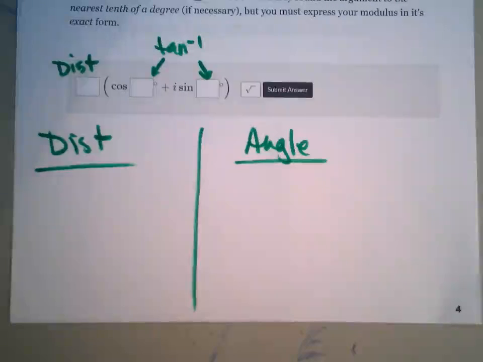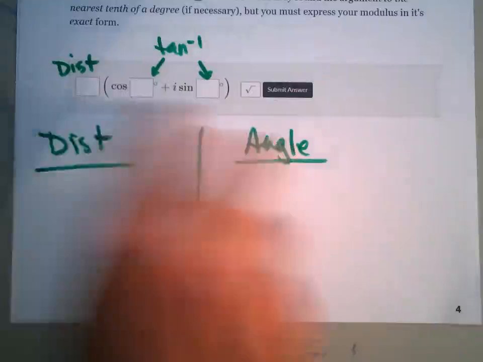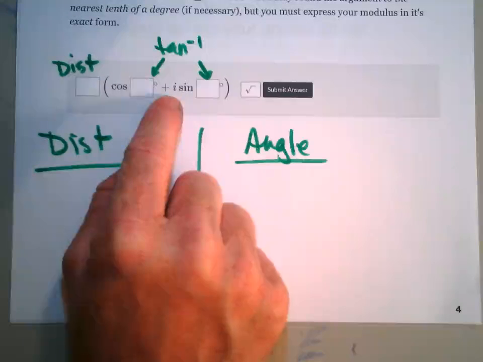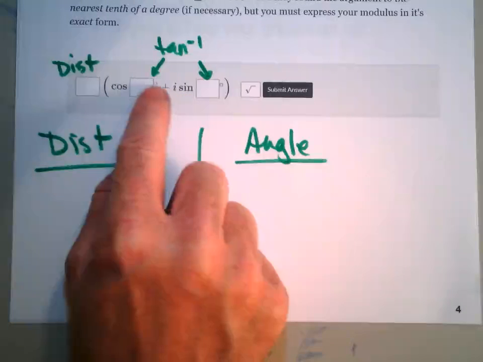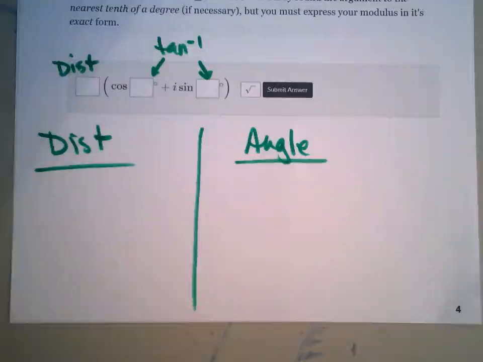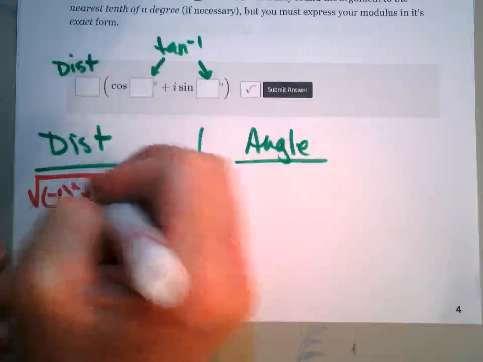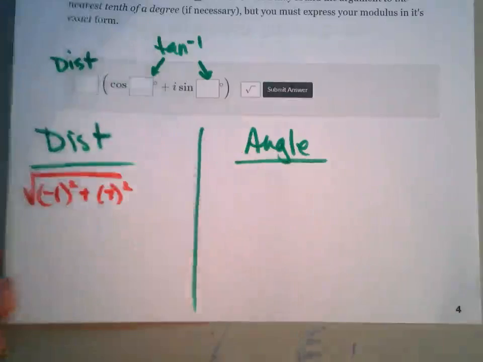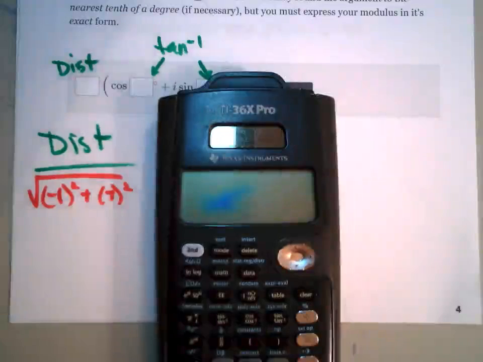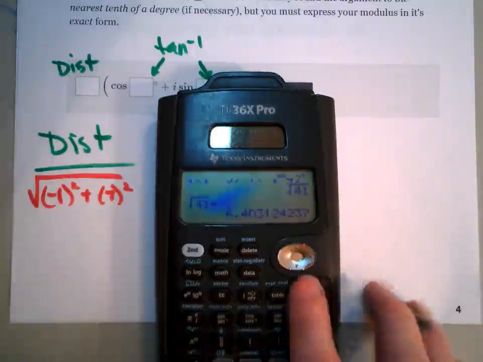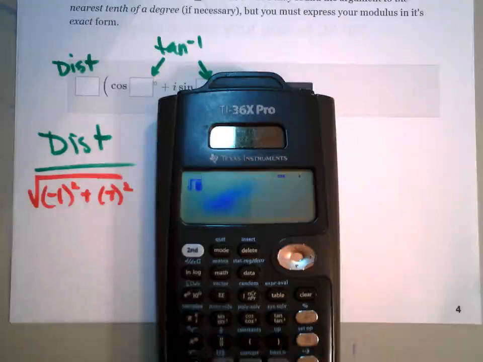And the nice thing about the way this is set up, it already has cosine. It already has the plus i in there. You notice it wants it in degrees, so make sure your calculator is in degree mode when we're over here doing the inverse tangent. All right, so distance formula, or Pythagorean theorem, negative 1 squared plus 7 squared, square root.